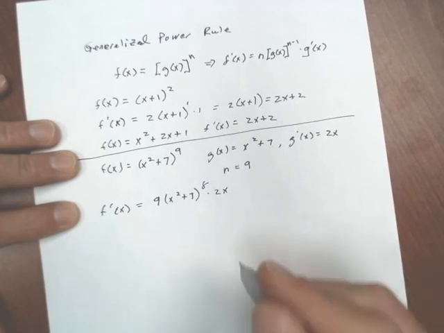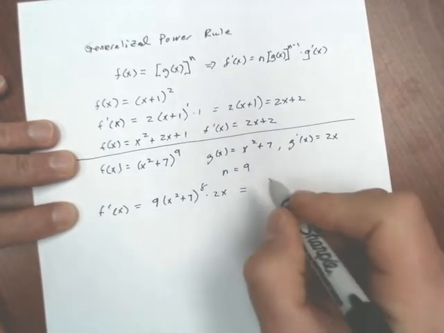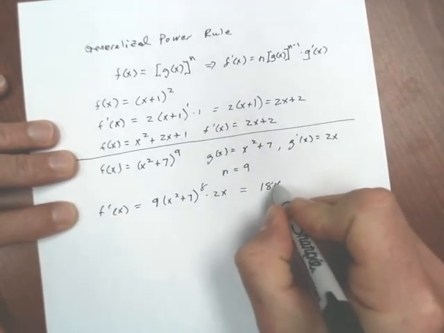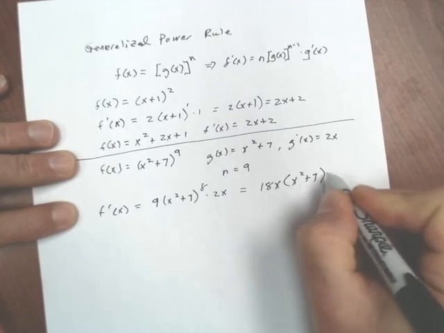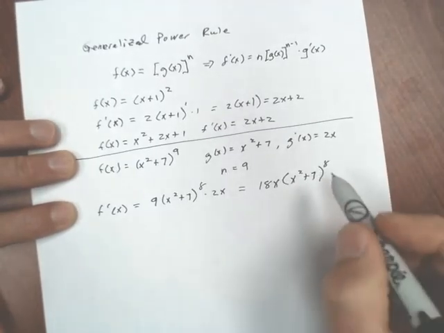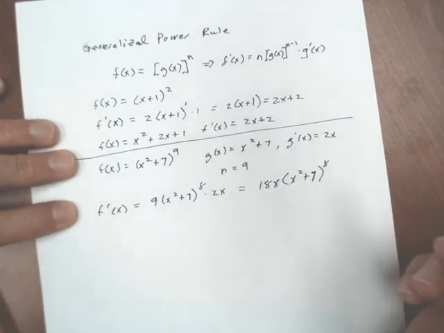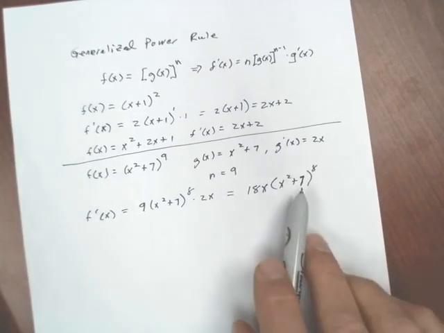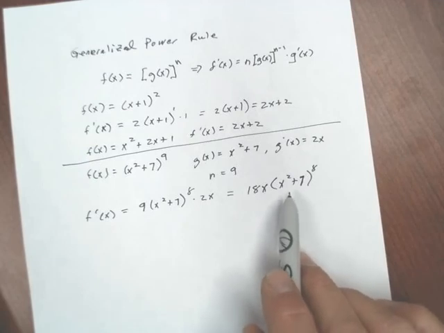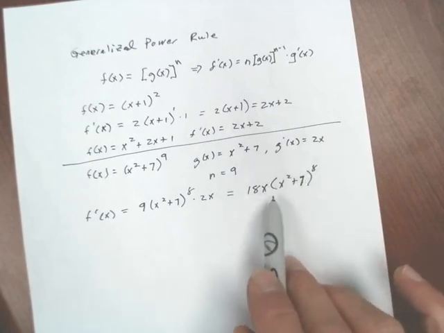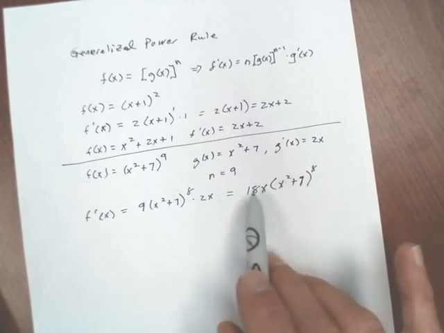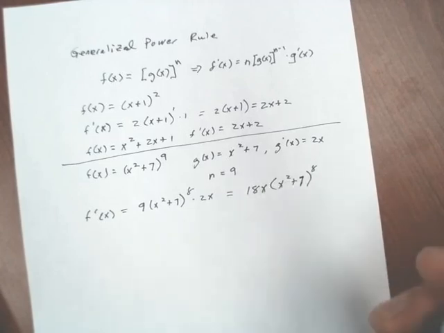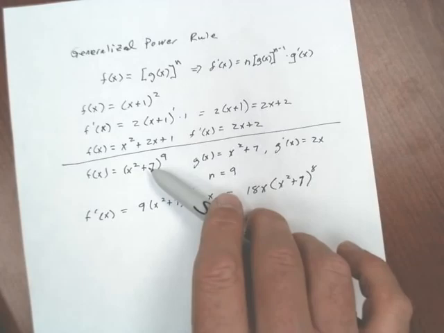Simplified, this equals 18x times x squared plus 7 to the 8th. Even though I've always said before that a simplified form means getting rid of the parentheses, it's just impractical in this instance to get rid of the parentheses. So we're just going to leave it in that form. But that is the derivative of that function.